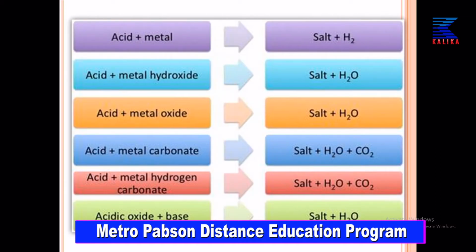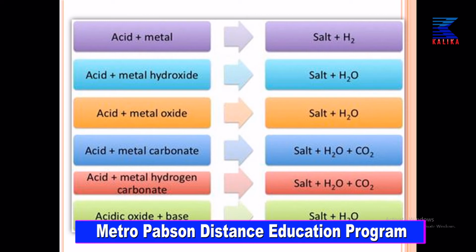You can see the examples: acid plus metal, acid plus metal hydroxide, acid plus metal oxide, acid plus metal carbonate, acid plus metal hydrogen carbonate, that is metal bicarbonate, acidic oxide plus base, that is salt.